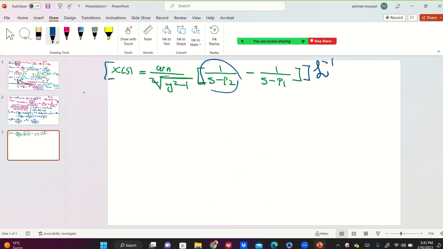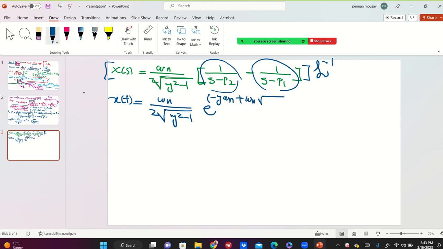I know these are the exponential terms. So x of t for the overdamped system with the impulse input is going to be e to the p2 t, meaning e to the minus zeta omega n plus omega n square root of zeta square minus 1 times t, minus e to the p1 t, e to the minus zeta omega n minus omega n square root of zeta square minus 1 times t. Bingo.